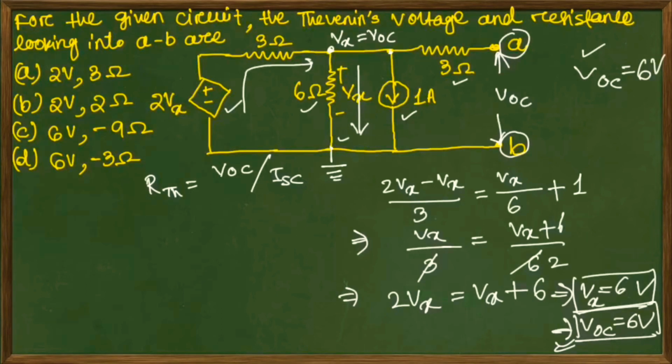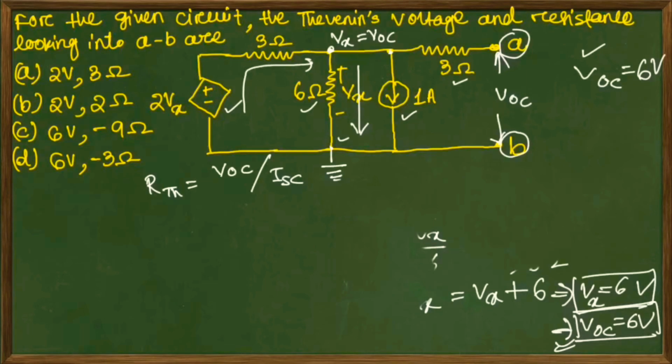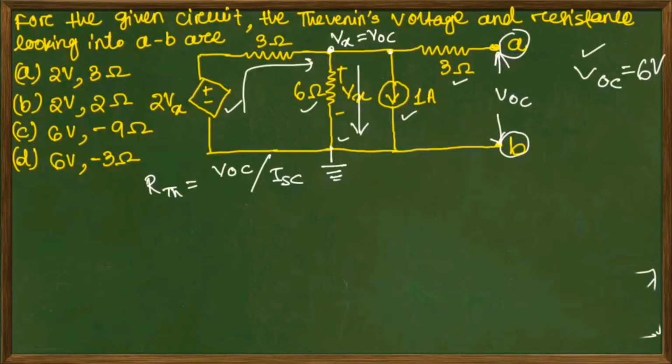Now we have to find the short circuit current flowing through the branch A and B. Now let's redraw the circuit.